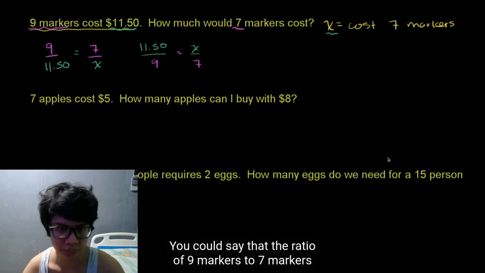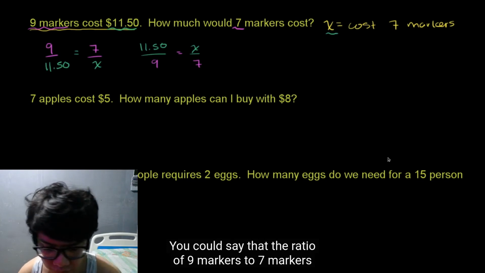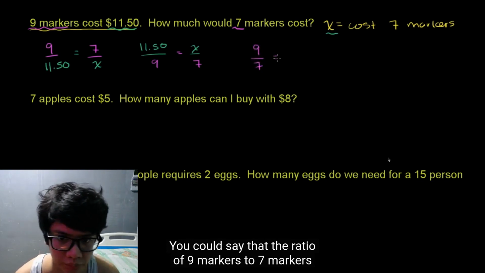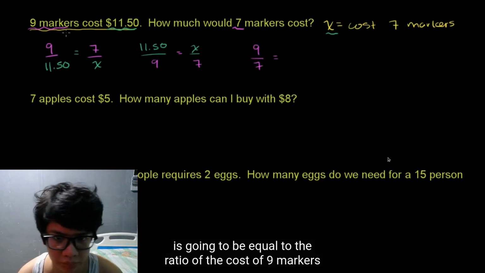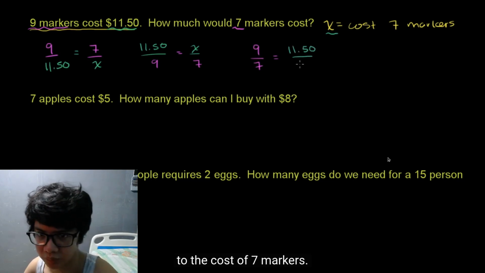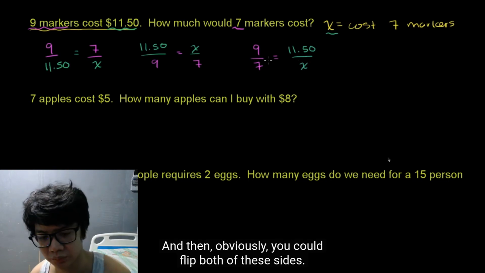You could also think about the ratios in other ways. You could say that the ratio of 9 markers to 7 markers is going to be the same as the ratio of their cost. Is going to be equal to the ratio of the cost of 9 markers to the cost of 7 markers. And then obviously you could flip both of these sides.